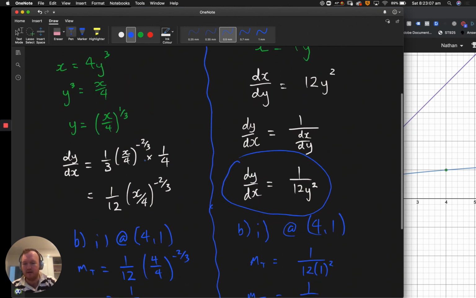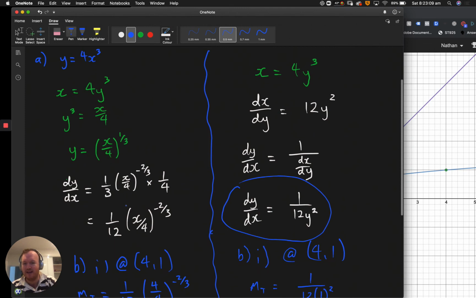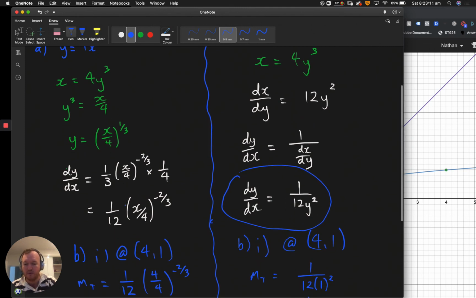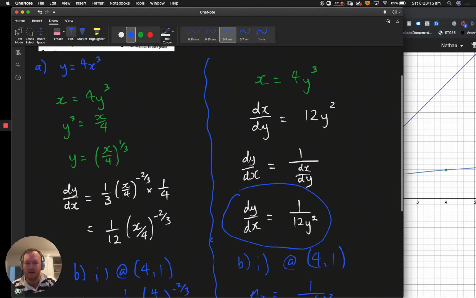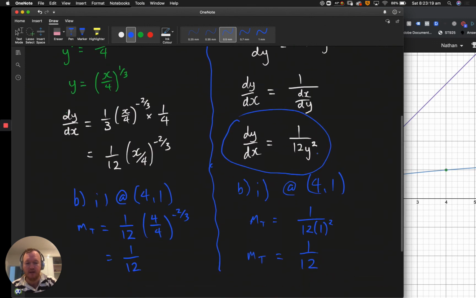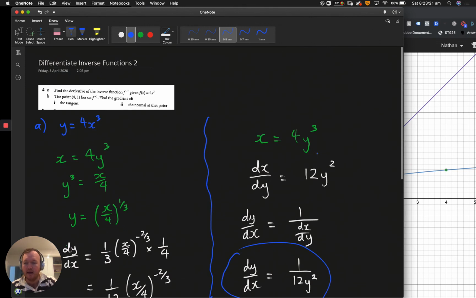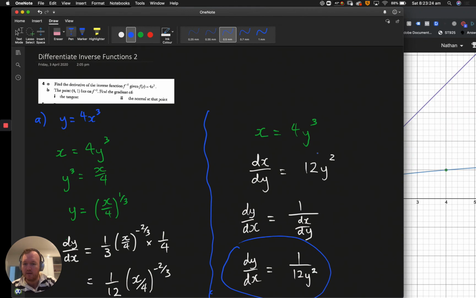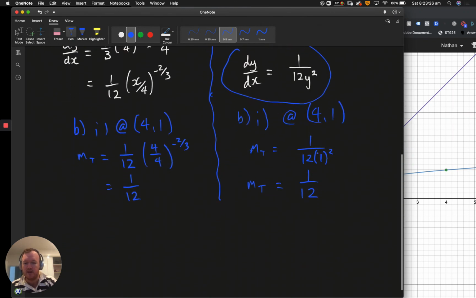And look, this isn't too complicated, the original function and inverse, so it's not too bad, but you can see it's a little bit extra and a little bit trickier than just doing this method, which is going to be much easier for a majority of these functions and the inverses that we're dealing with. So that's the gradient of the tangent. Then part 2, the gradient of the normal.